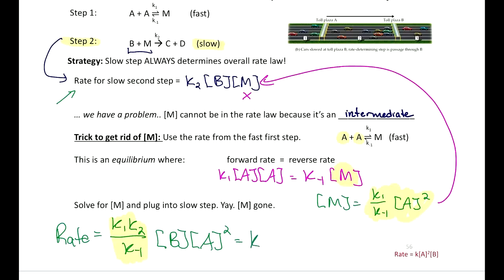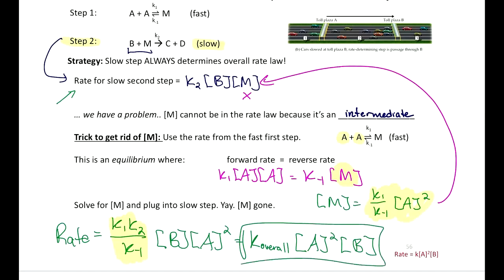So I'm just going to call this K overall. I like to put it in alphabetical order, but it really doesn't matter. So A squared, B concentration. So there is our rate law. We have an overall K that represents all the little K's of the individual steps. But again, it doesn't matter. We'll only ever measure the overall K rate constant for this reaction. A to the second order and B to the first order.